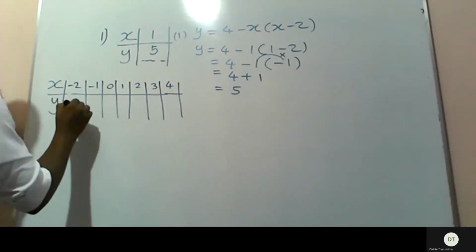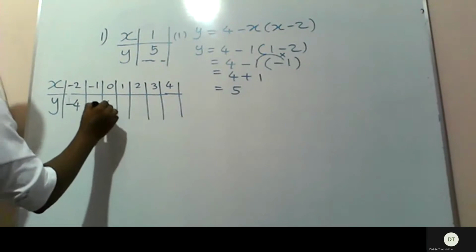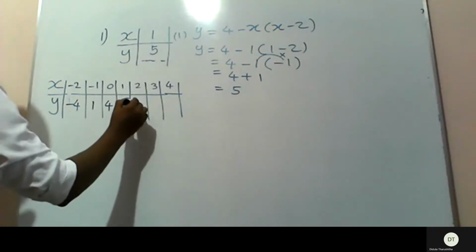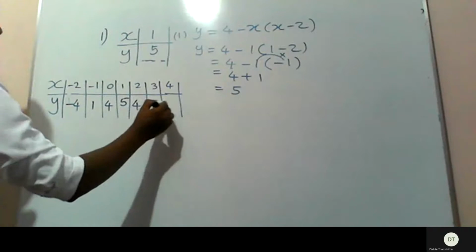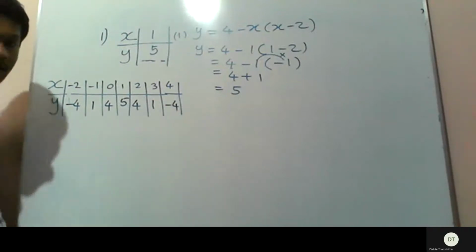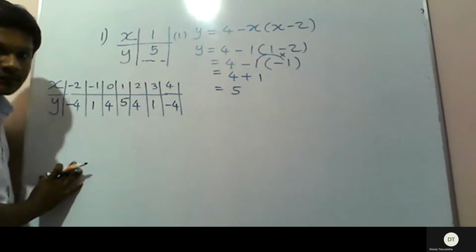The y values are -4, 1, 4, and we know this one is 5, then 4, 1, -4. Right, now these are the table values.